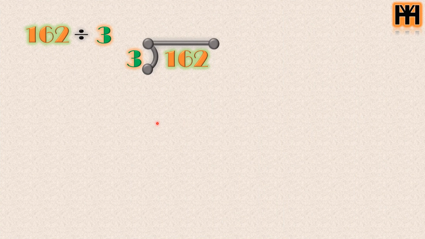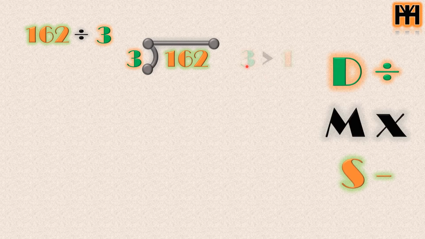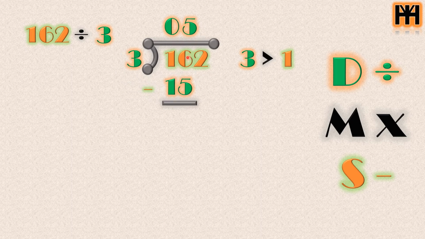Okay, now we have 162 divided by 3. We will see how many 3s are inside the 1. It can't be, because 3 is greater than 1. Then you'll put 0 here. Then we will go to the 16 now. How many 3s are inside the 16? It's 5, because 3 times 5 is 15. Then we multiply the 5 by 3. It's 15. Now subtract them. 1, then get the 2 down.